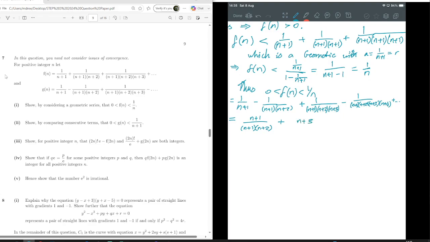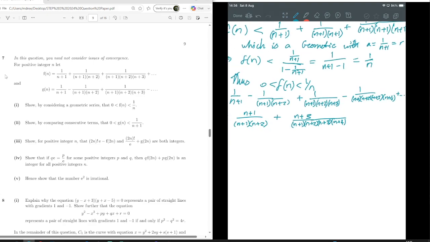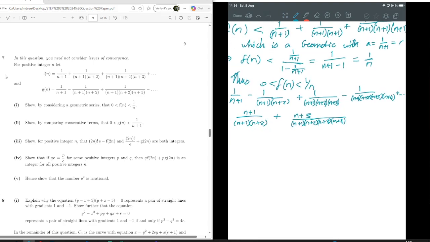So that's going to be n plus 3 on the numerator with all of that junk on the denominator. And we can then imagine that the next term, if I did want to continue the pattern, will be an n plus 5 over all of that junk up to n plus 6 when I combine those together.